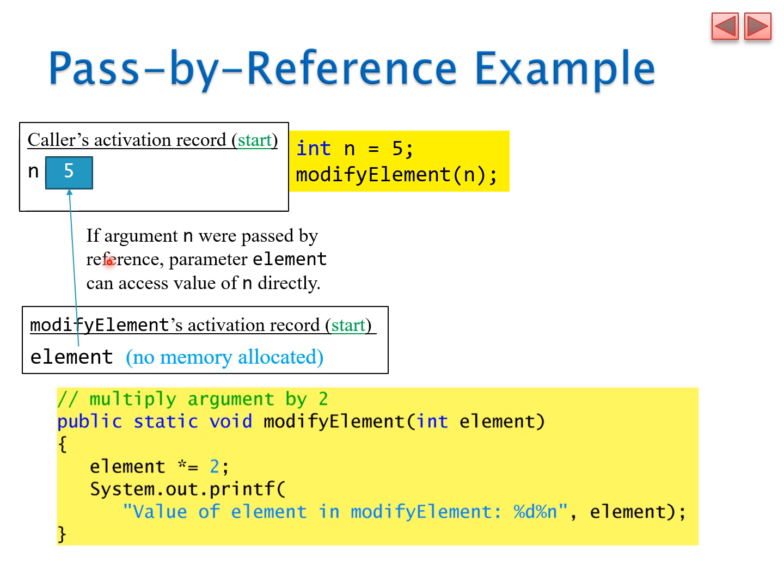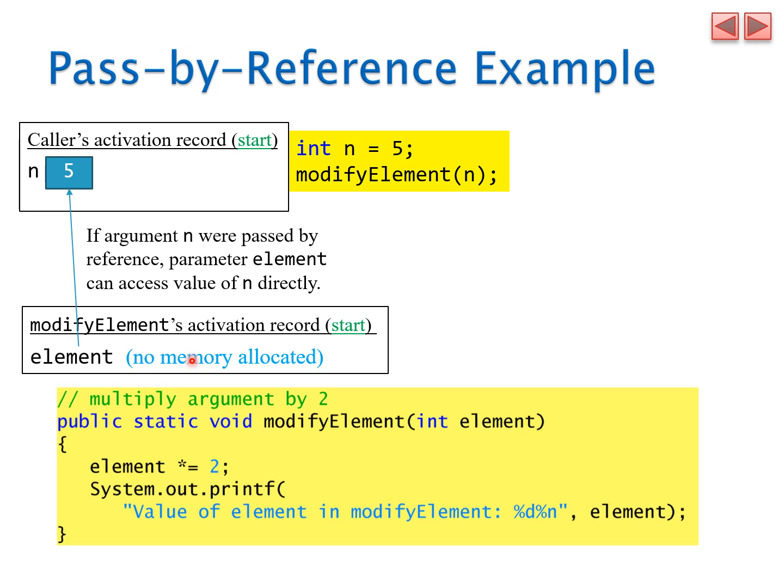Then, when the argument n is passed by reference in the modifyElement method call, the parameter element receives the reference of variable n and can access the value of variable n in the caller directly. There's no memory allocated for the parameter element inside the activation record of the modifyElement method.